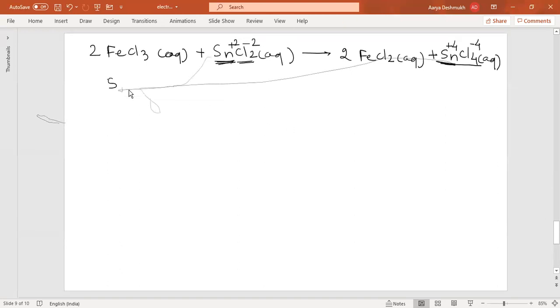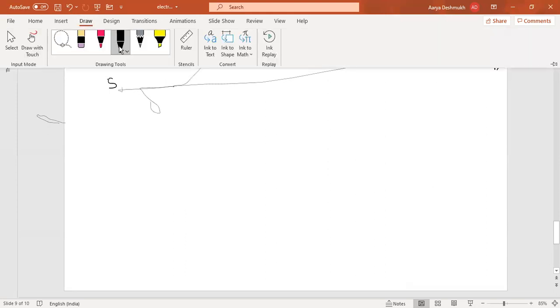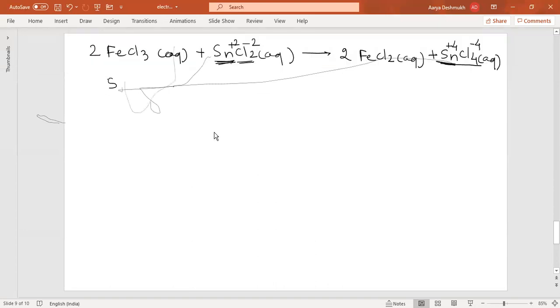So you can write it this way: Sn2+ in aqueous medium is converted into Sn4+ aqueous plus 2 electrons lost here.